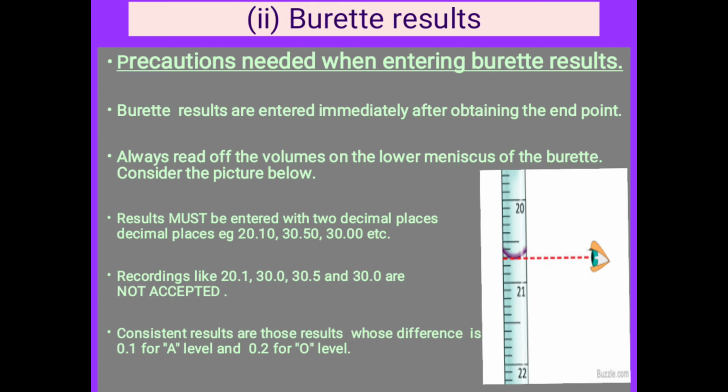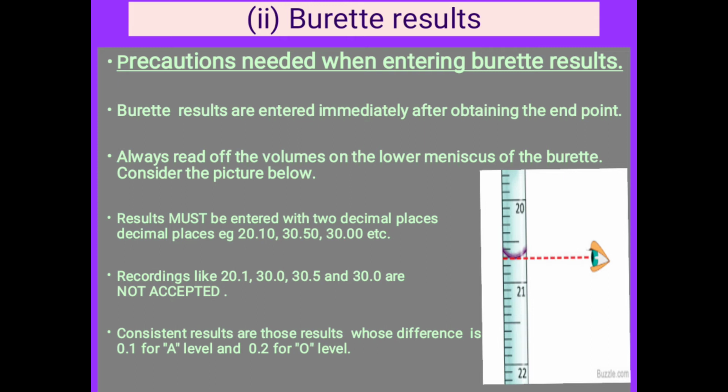Precaution number 2, we need to learn how to read results on the burette. Results on the burette are only read by looking at the lower meniscus. You see that illustration with a portion of the burette. There is an eye trying to focus at a certain point. That point is the one whose results we record.